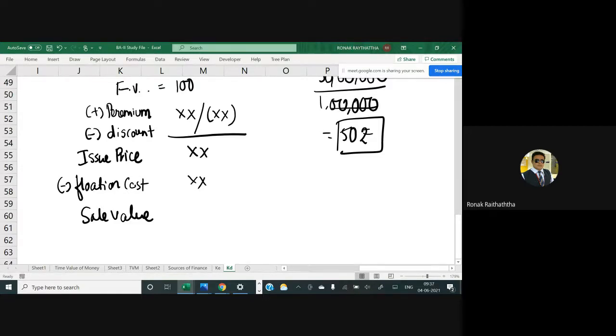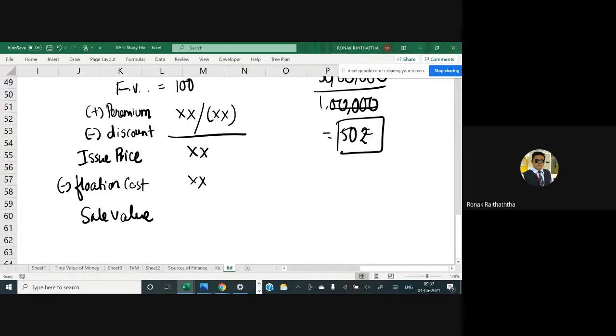Now when it comes to owners, the approach is pretty much different in terms of identifying the cost related to it. That's why when it comes to debt, it is advisable to also take into account the flotation cost and the premium or discount at which they are issued.